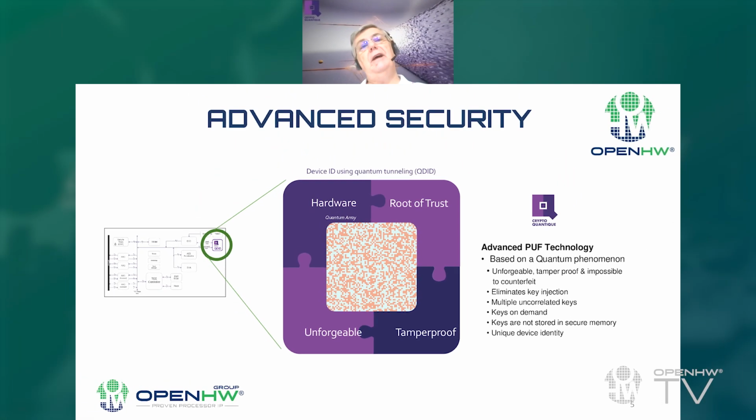And what's important about that is that you can prove that this actual piece of silicon owns that identity. That's very important. The great thing is that the extraction of the identity from the silicon is using a quantum effect. That means it's unforgeable, it's tamper-proof, and it's impossible to counterfeit.